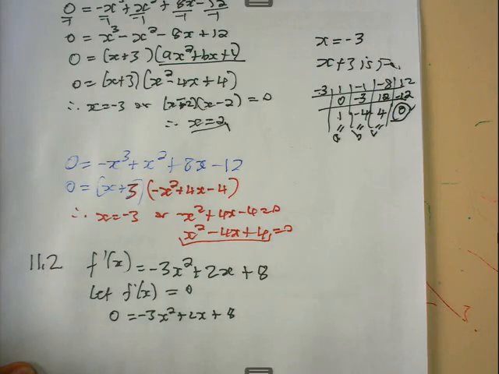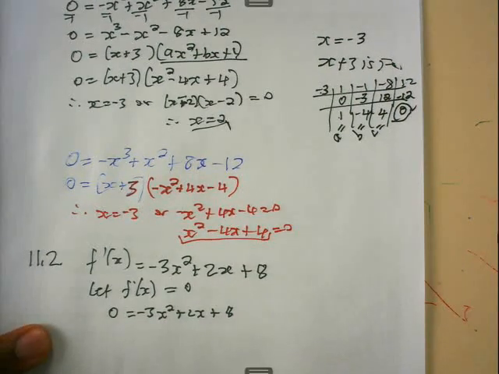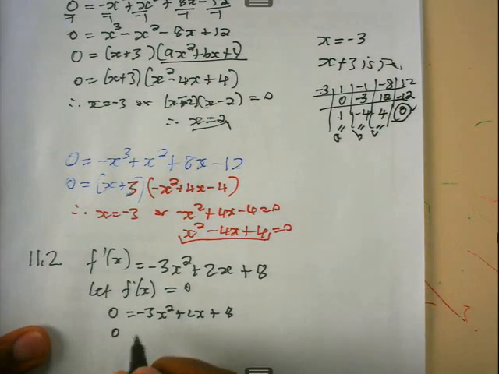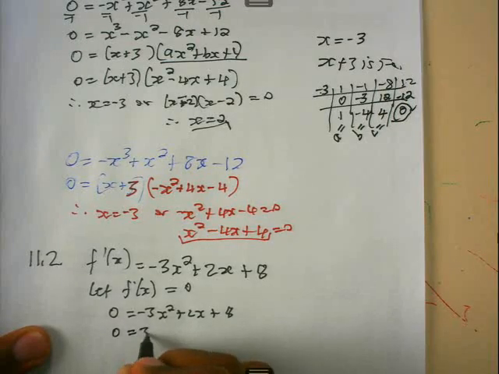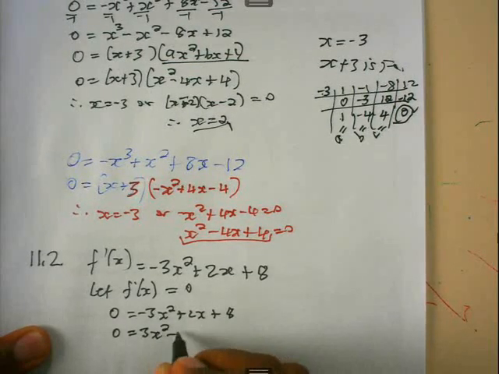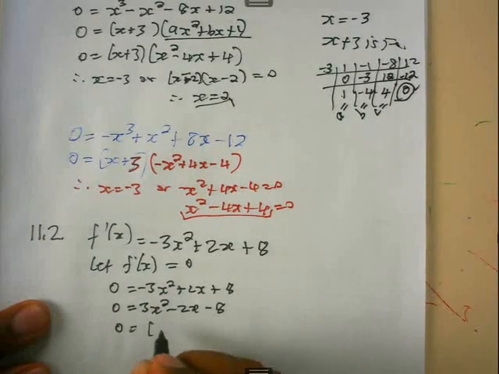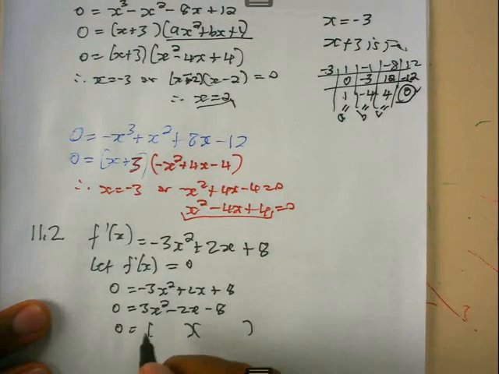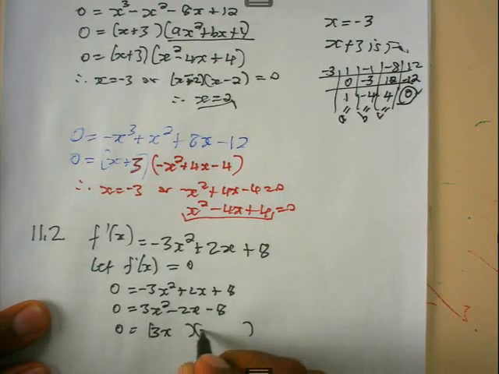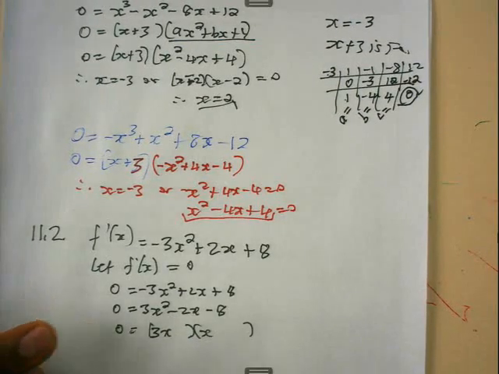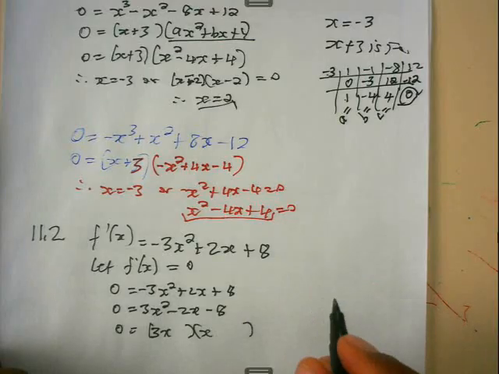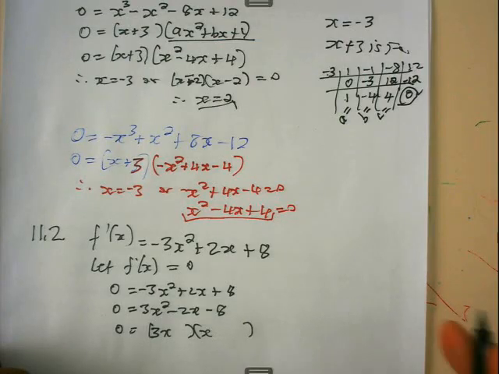First of all, I will decide to divide everything by the negative. We will get 0 is equal to a positive 3x squared minus 2x minus 8. Then we factorize this equation. The factors are 3x multiplied by x, which gives us 3x squared. The factors of 8 are 2 times 4 or 1 times 8.